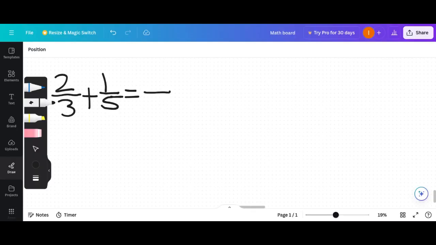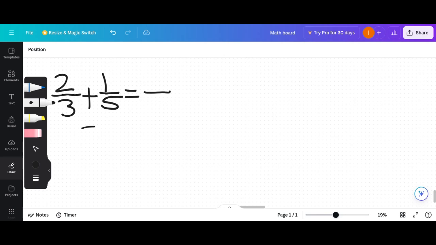2/3 plus 1/5. They clearly do not have the same denominator, so let's fix that. First, we're going to find the common denominator. So let's count by 5's. 5, 10, 15. If I remember correctly, 3 is a factor of 15. So that means that we can start with the 2/3.